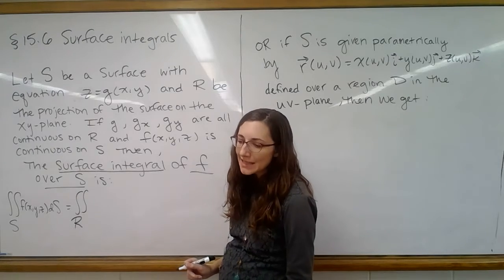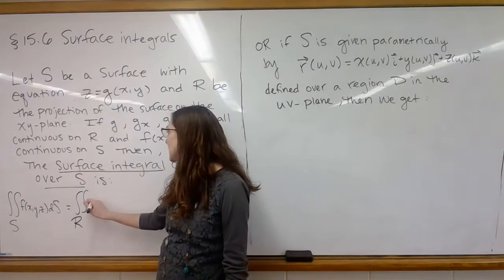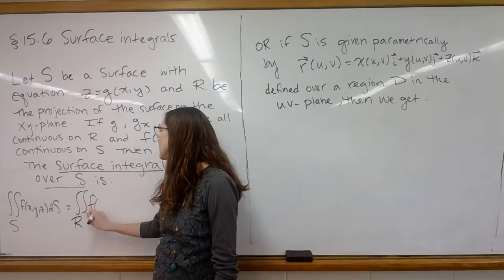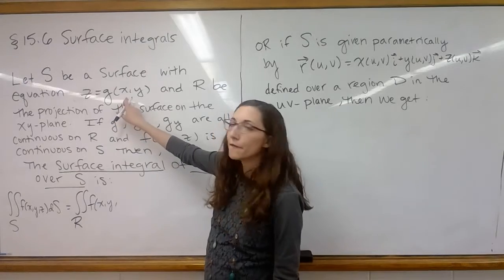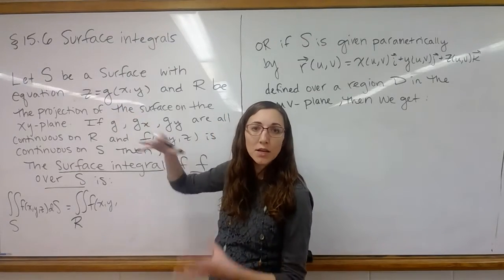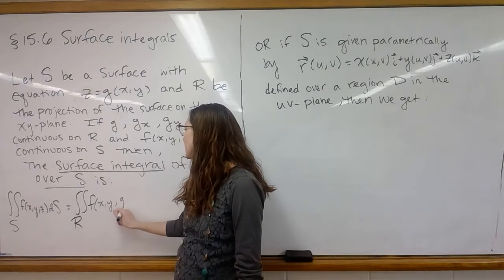What we're going to do on the inside is take f of x, y, z. We'll keep the x and the y, but replace z with the function it is in terms of x and y. So we'll end up with just two variables.